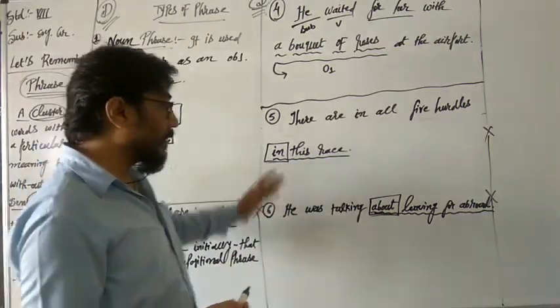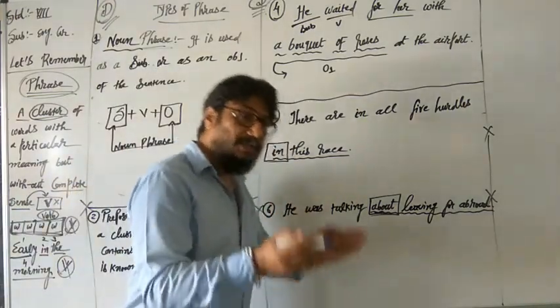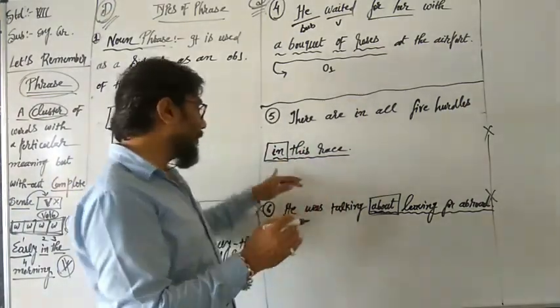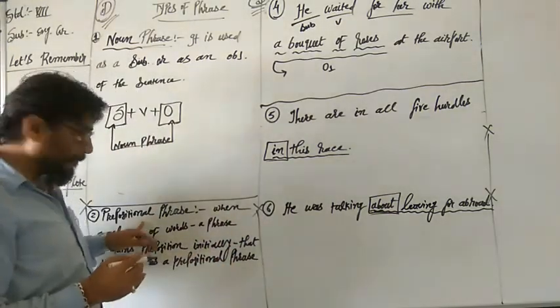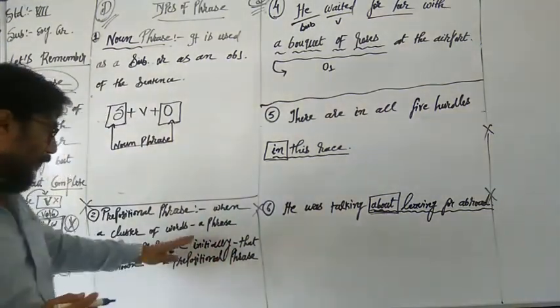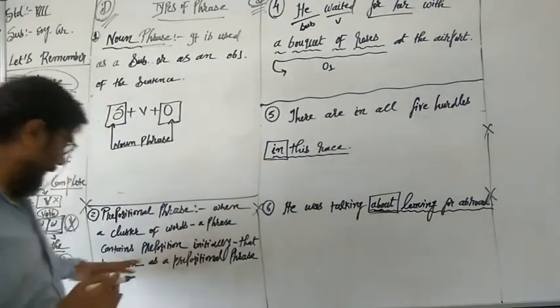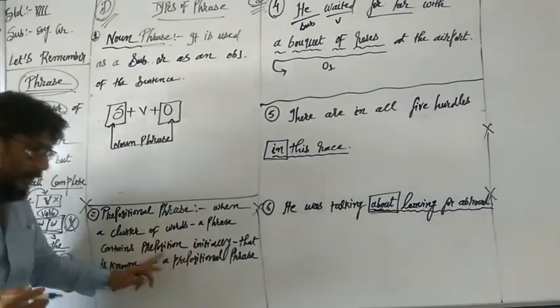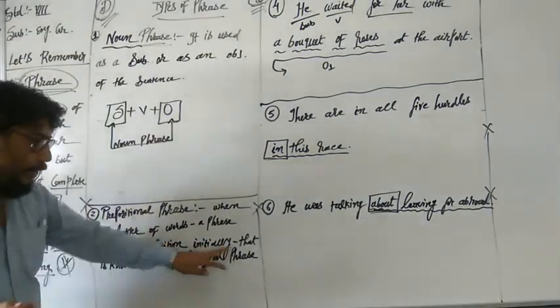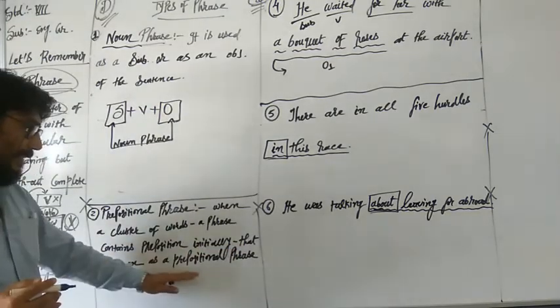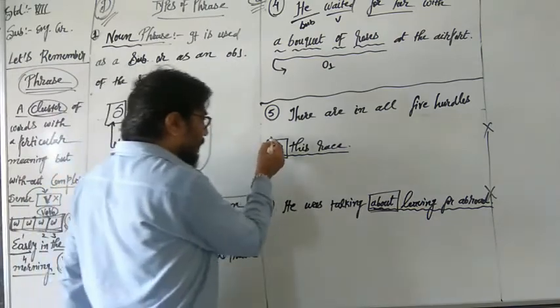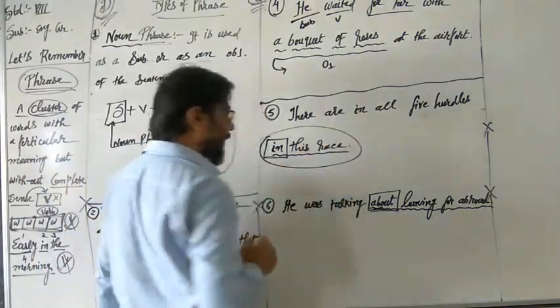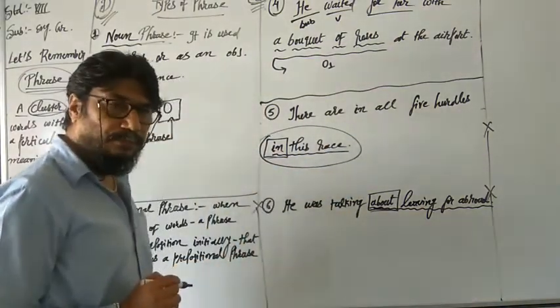Whenever the phrase starts with a preposition, that is always a prepositional phrase. When a cluster of words, meaning a phrase, contains a preposition initially, that is known as a prepositional phrase. And so this phrase, in this race, is a prepositional phrase.